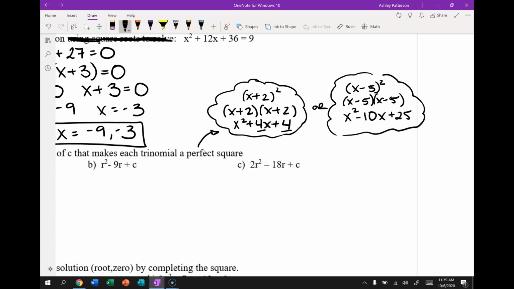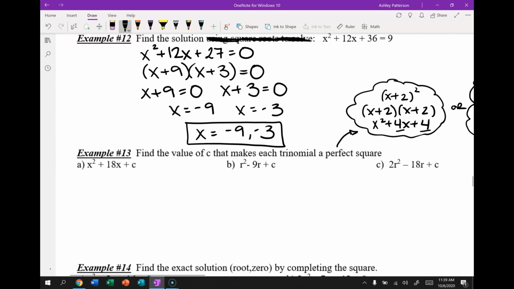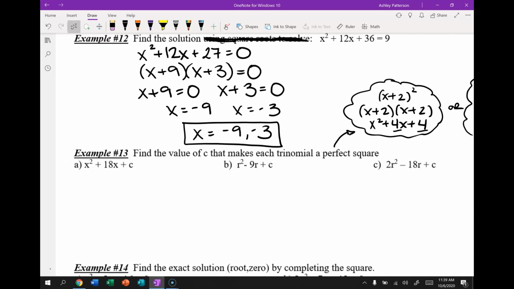Again, the two numbers will multiply to 25, which is a perfect square, and they add to the middle term. Okay, so knowing that about our perfect square trinomials, if we were asked how to create a perfect square trinomial, and we're given the first two terms, how in the world are we going to find c?